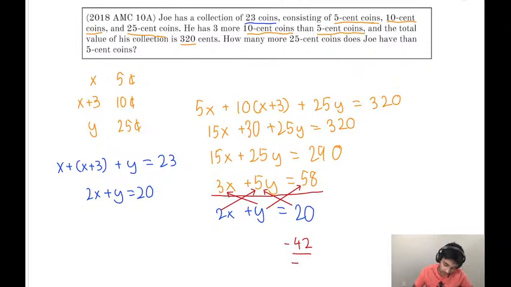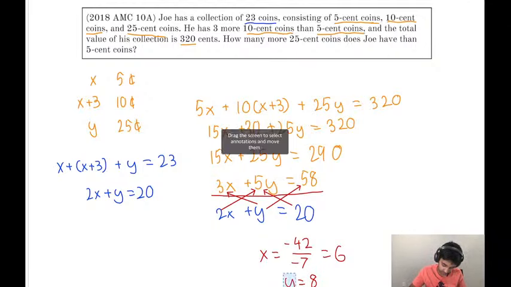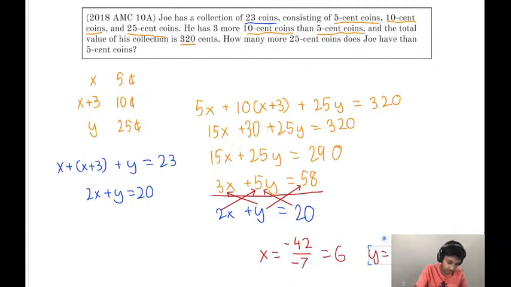This gives us 6, which is the value of X. And then from here, we can see that the value of Y is 8. So now we know X is 6 and Y is 8. That means he has 6 5-cent coins and 8 25-cent coins. So he has 2 more 25-cent coins than 5-cent coins. That is our answer for this problem.